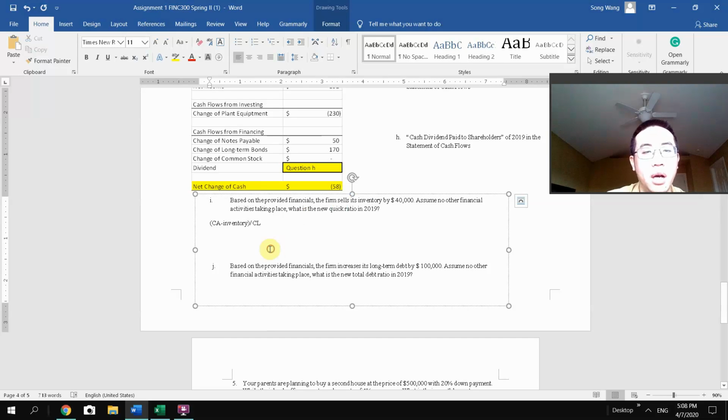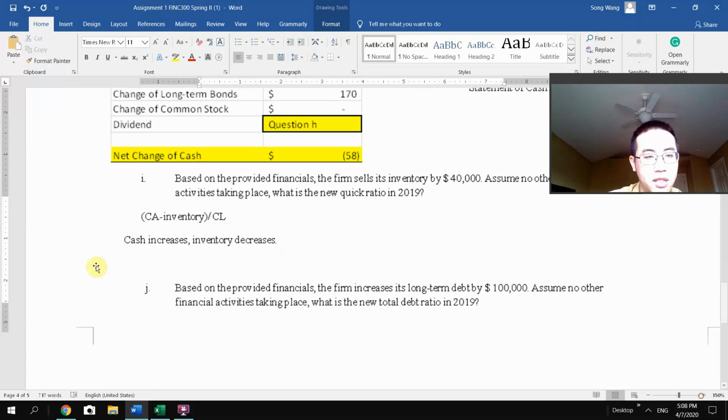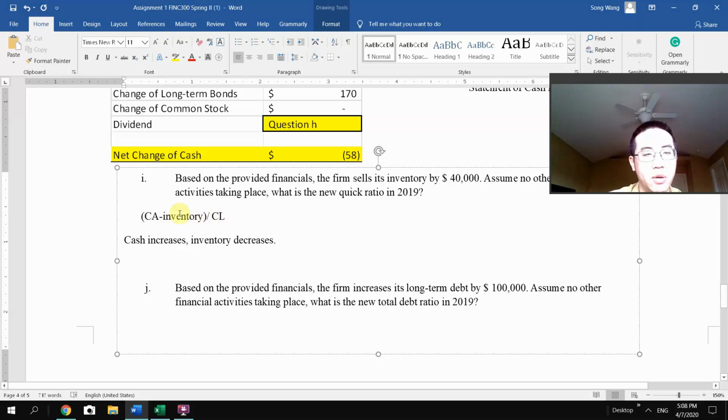If the inventory is sold, then that means cash would increase, and the inventory goes down, decreases. So you see the inventory decreases. Definitely, that's a part of your consideration in the calculation of a quick ratio. But what happened to your current assets? Your current assets equal cash plus inventory plus account receivable. Well, account receivable does not change.